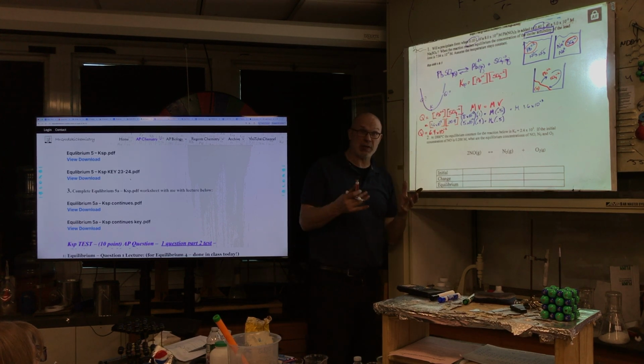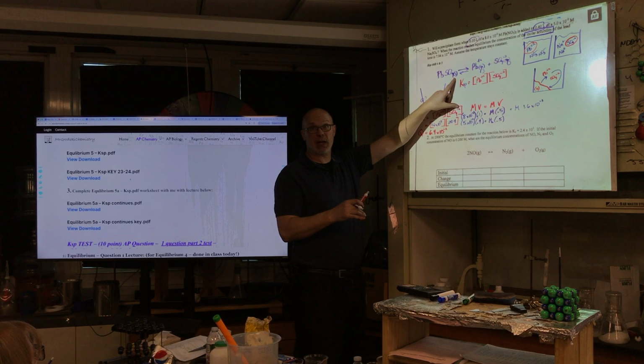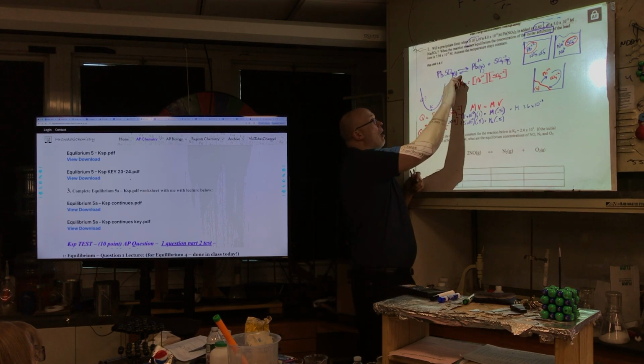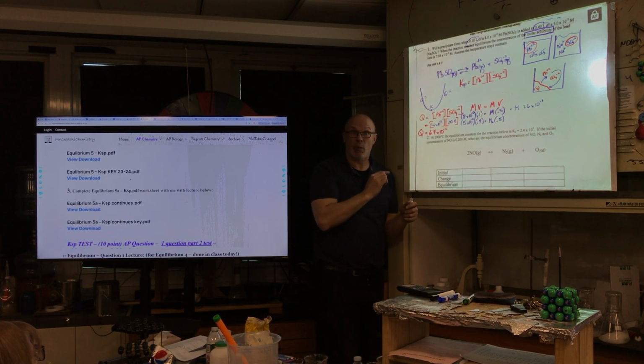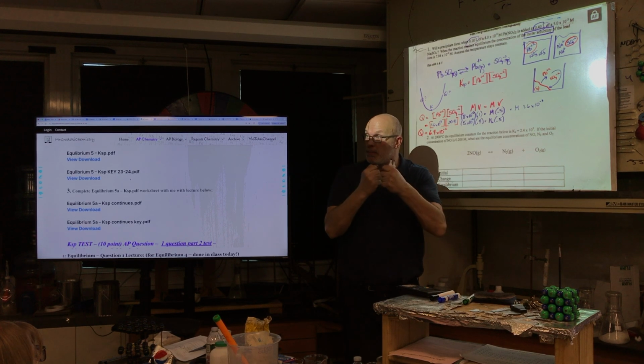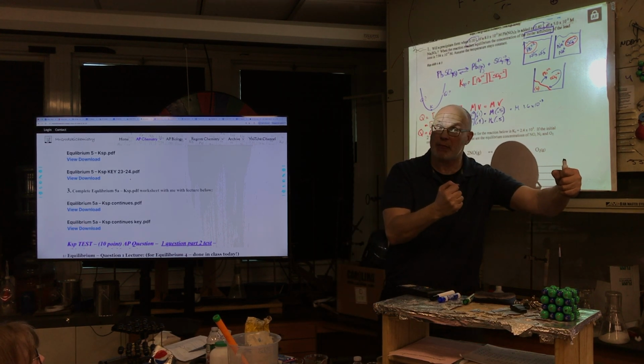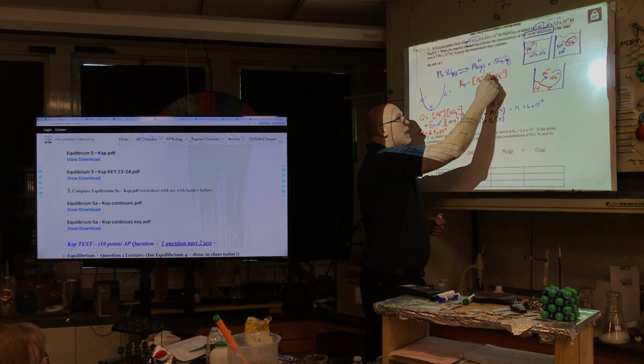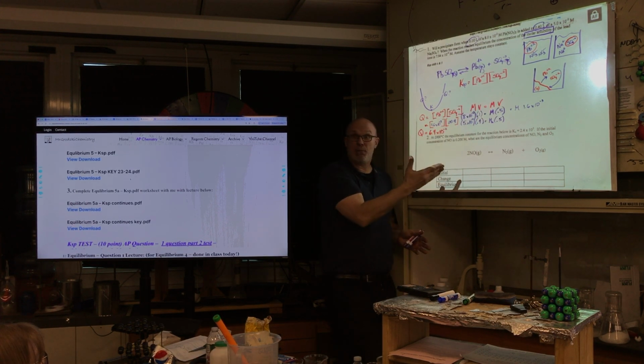Check it out. What is K? Products over reactants. We have no reactants because it's a solid. So what are we left with? The product of the ions that come off the solid. What is solubility? The ability of ions to dissociate from a solid. So it's the product of the ions. Solubility product.